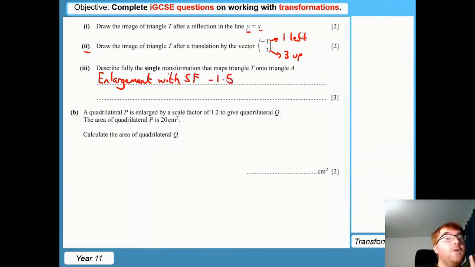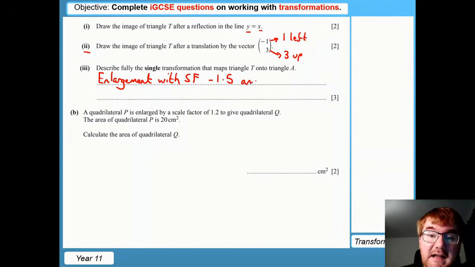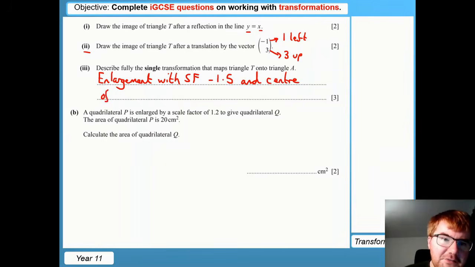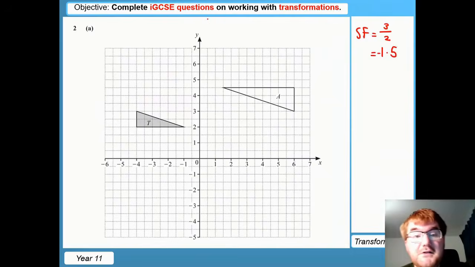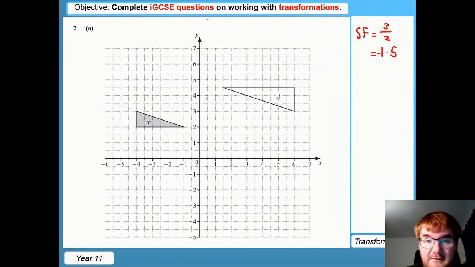However, just like with a rotation, we need to find the center of it. So in this case, the center of enlargement. And the way that we do this is slightly easier than if we actually had a rotation. So what we do is find corresponding points of our shape here. So notice that we've got the right angle here and the right angle here. And what we're going to do is connect those up together.